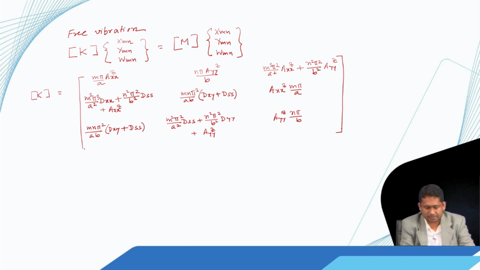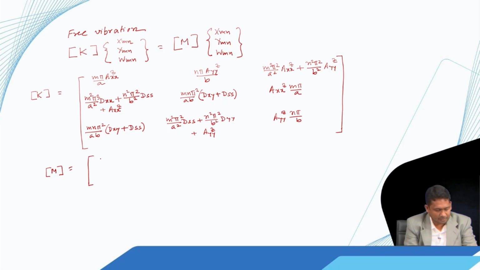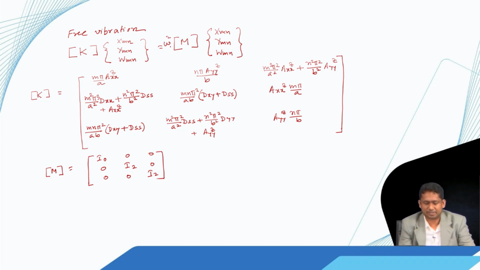So, this is our K matrix, and M matrix is a diagonal matrix. Here we have I0, I2, I2, and also the omega square term should be there.